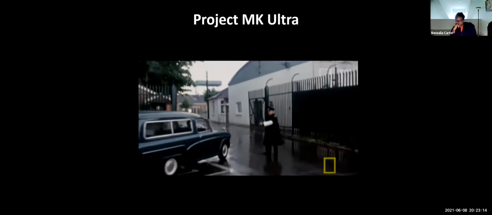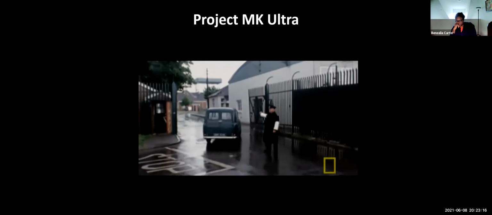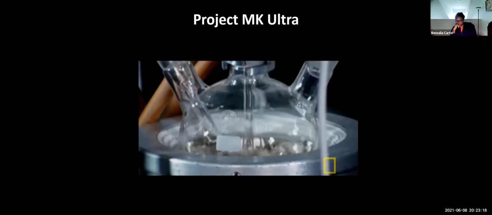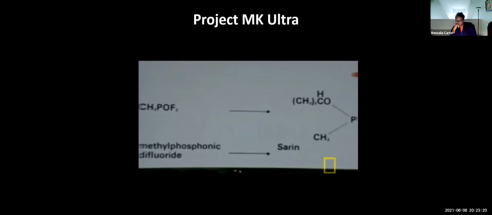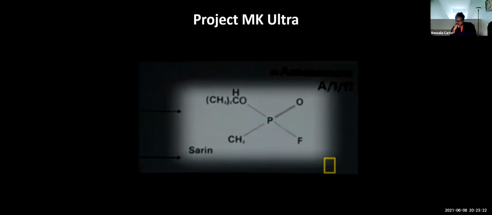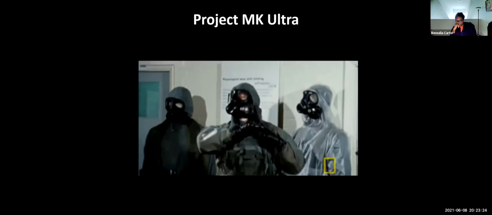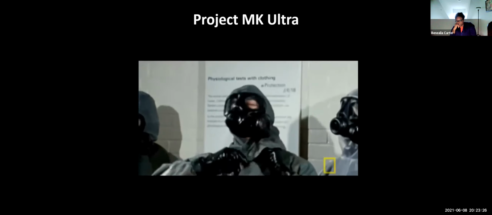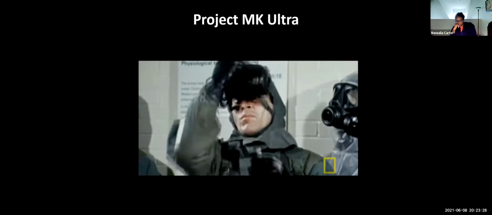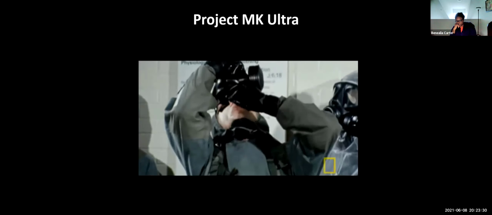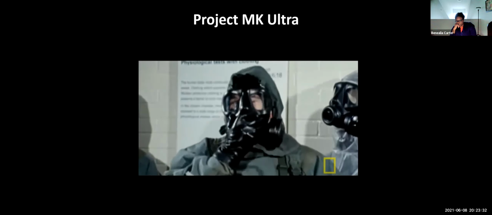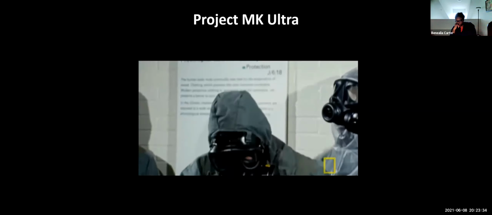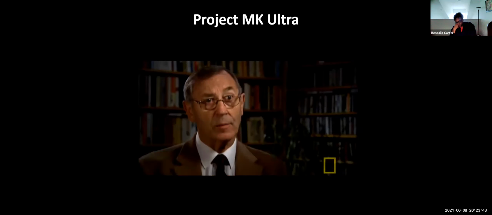In May 1953, scientists at Porton Down are researching one of the most lethal nerve agents known to man, sarin. The experiments are conducted on military volunteers, but the young servicemen have no idea what they are letting themselves in for. On the board there was a separate notice typed, which said in so many words, volunteers wanted to help find a cure for the common cold.